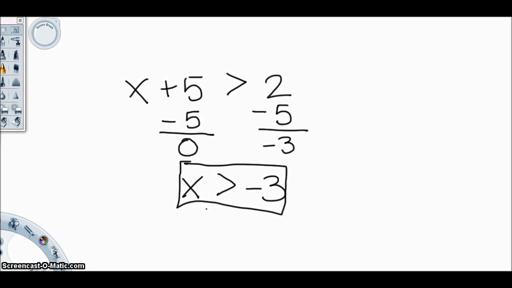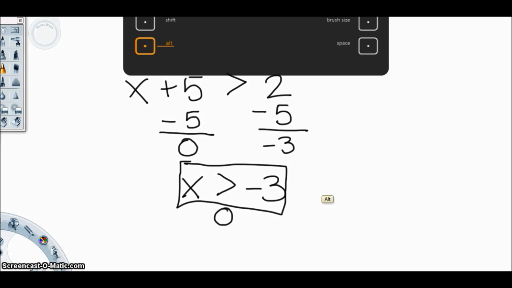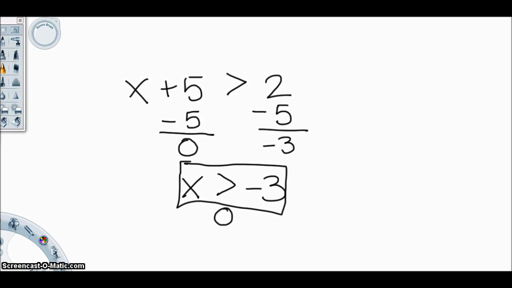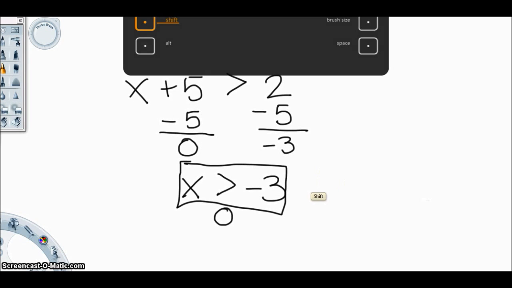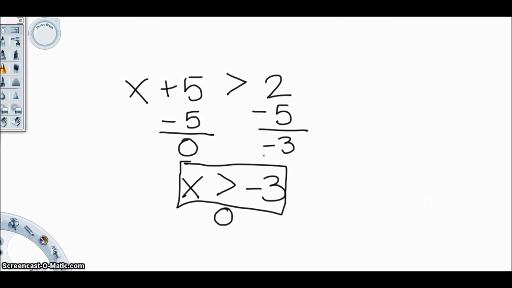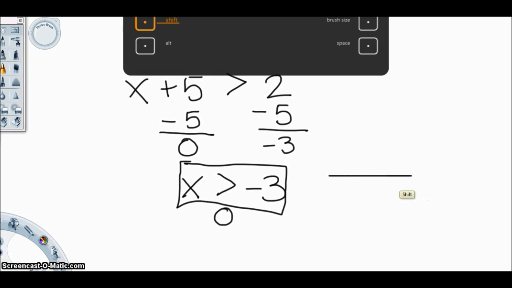I can graph this solution on a number line. I know that I'm going to have an open circle at -3 because I have a greater than sign and it is not greater than or equal to. So we're going to make a number line, and I know -3 has to be somewhere on that number line. Having a little difficulty here, bear with me.